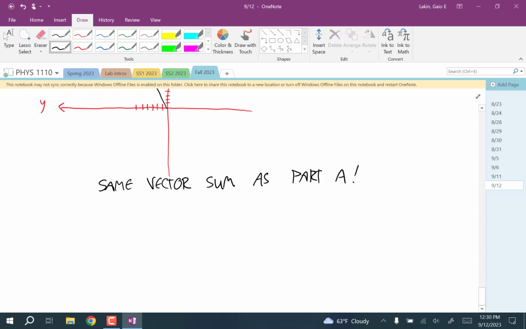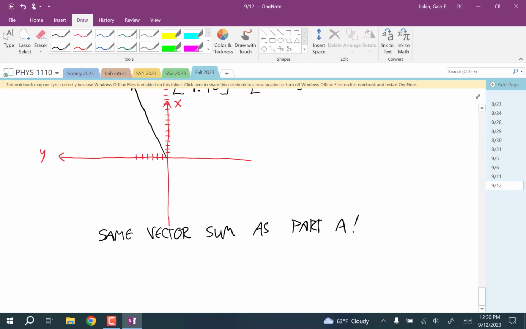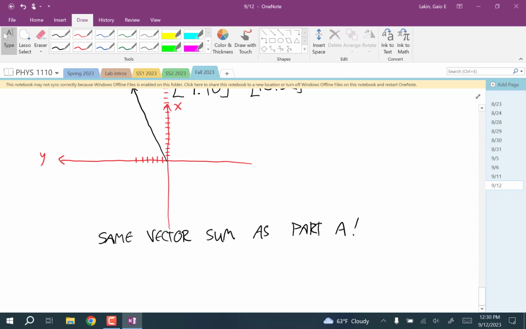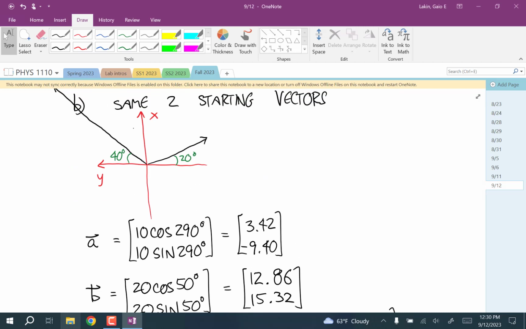I have a question. So why, like, I think I did 90 plus 40, and I got 130. Oh, yeah, right. Well, this angle, since this one is 40, this one would be 50.